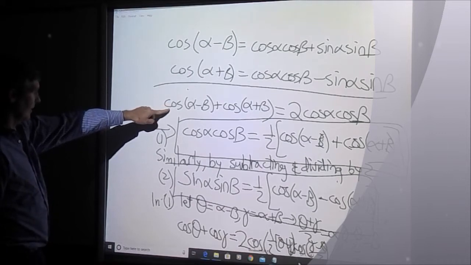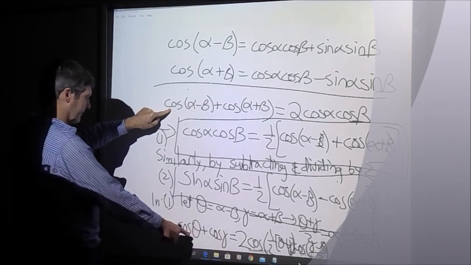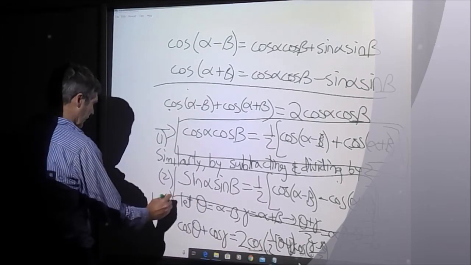Following from here, not directly from equation 1, the following, let's call it star.